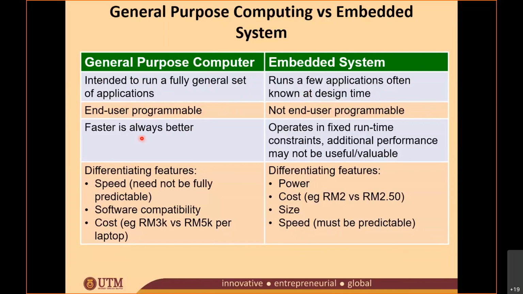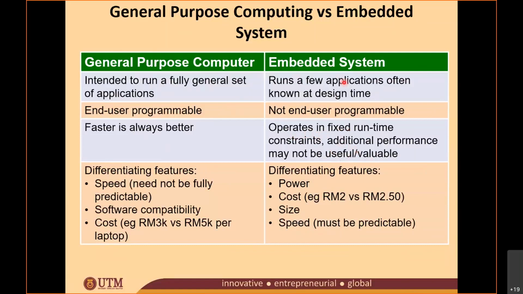For the computer, faster is always better. Of course, you need a very fast and reliable computer. Compared to that, an embedded system only operates in a fixed runtime constraint, so additional performance may not be useful or valuable. Why?